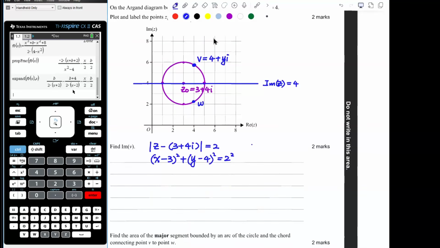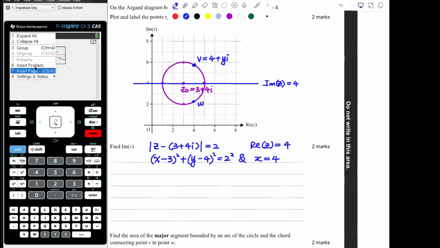And also, the real part of v equals 4. Basically, v is like a complex number z, so you could also write, for example, real z equals 4. That means your x is equal to 4. So you can solve these two equations simultaneously.